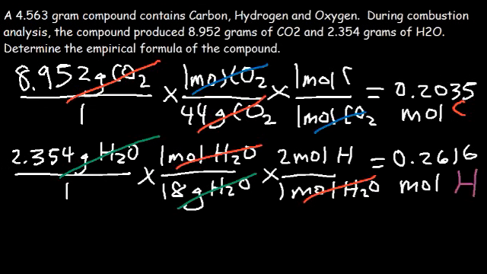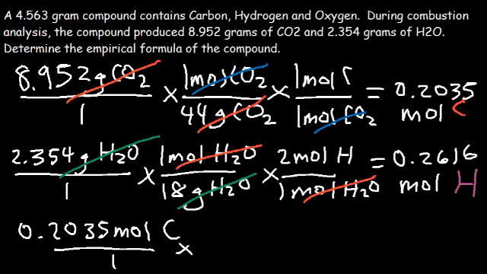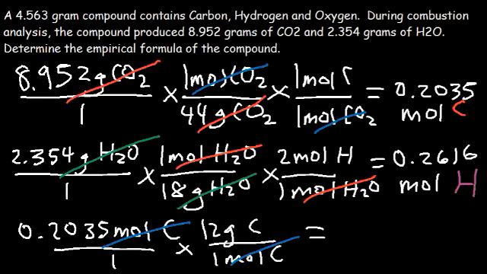So let's start with the 0.2035 moles of carbon atoms. And let's convert it to grams. So the molar mass of carbon is 12. 0.2035 times 12 is about 2.442 grams of carbon.